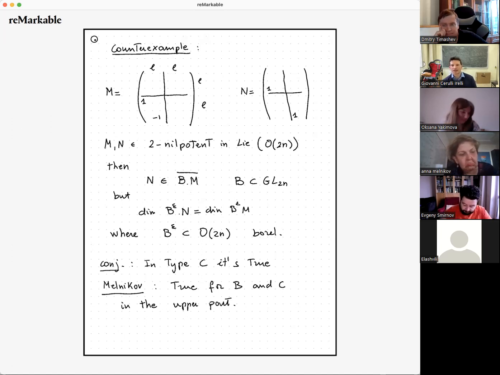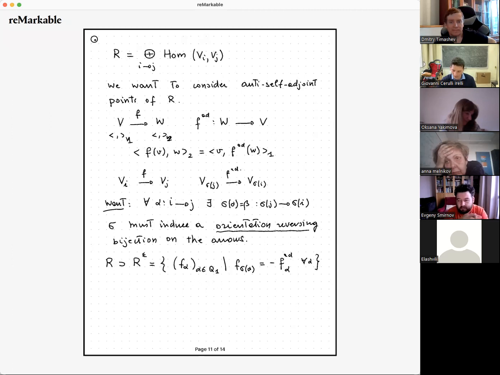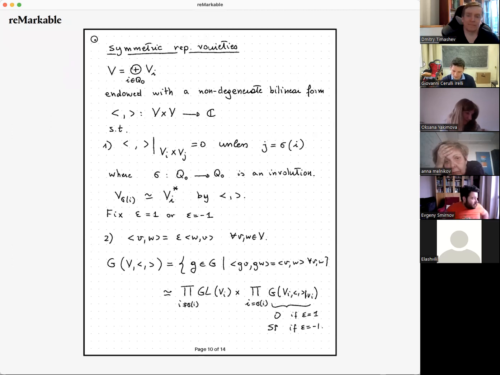The fact is that the representation varieties for quivers are always of type A. The group is always a product of GL. So the first attempt was by Derksen and Weyman, where they include this symplectic and orthogonal case. So the group we could get is a product of some GL and then some orthogonal group or symplectic group.